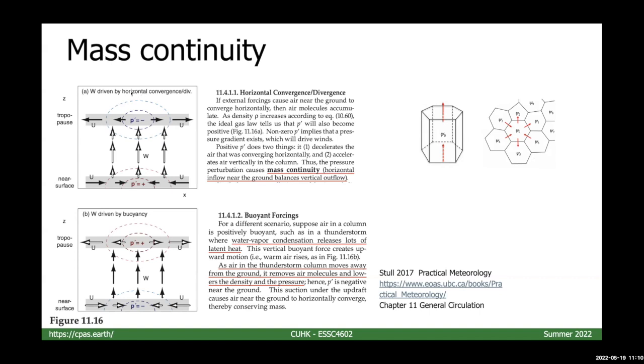If there is horizontal convergence near the lower surface, like there's some area, the wind is blowing to this central region from this direction and also this direction, then we call it a convergence near the lower surface, and the result will be air is squeezed to go up, right? And then as air squeezes up, it will have the consequence in the upper part of the tropopause in just the opposite way.